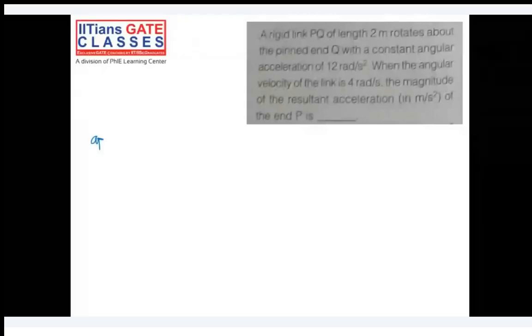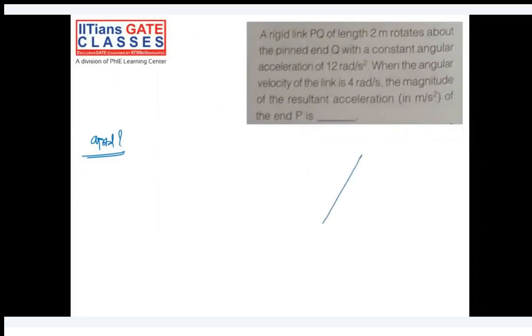Okay. What they have given is a link PQ that is rotating about point Q. P is, let's say, here. Alpha is given. This link is 2 meter. Alpha is given as 12 radian per second square.